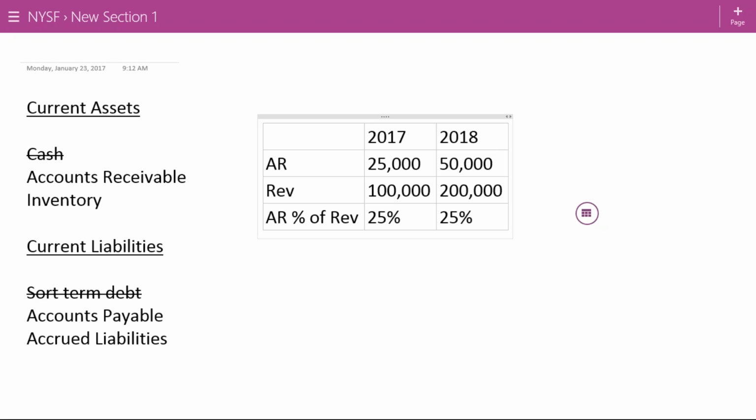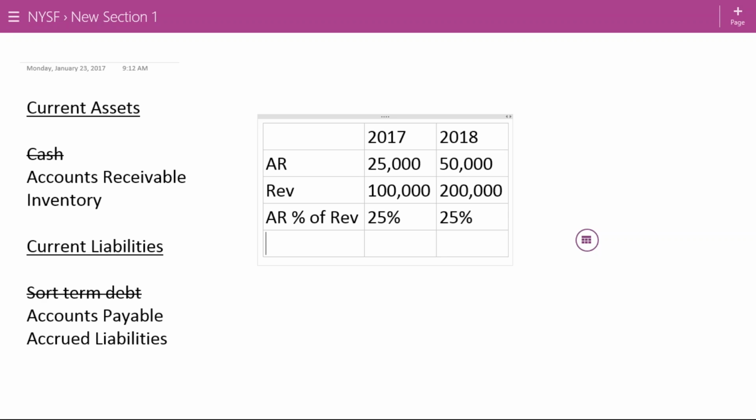So proportionally, even though my AR is growing, the number of customers on receivables is proportionally the same. Do you see what I'm saying there? So the correlation. It's the correlation. Exactly. You want to look at AR as a percentage of revenue.